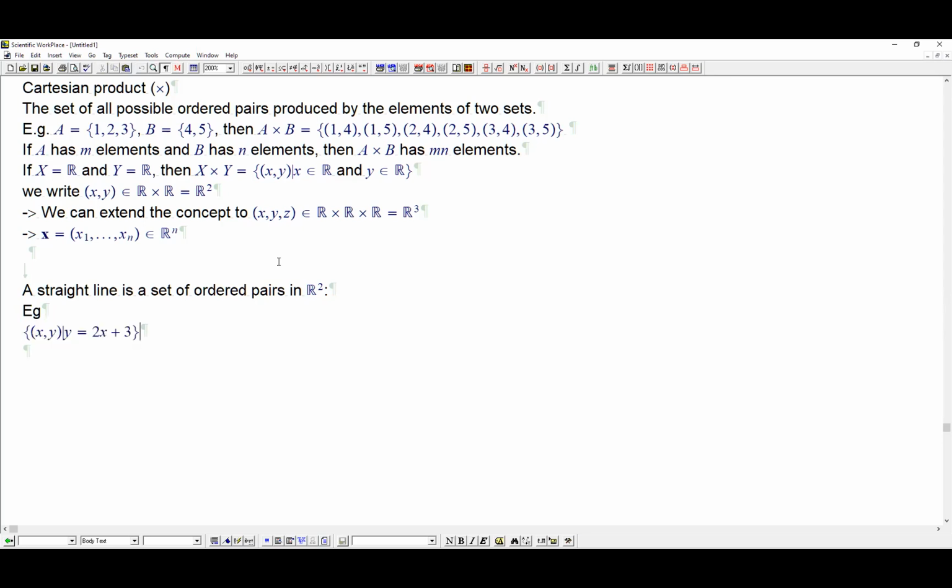That's in set notation. Here I already said that I was working in R squared, so I'm not going to say that x is an element of R and y is an element of R, because I've already said it. Here I'm saying such that there's some restriction. I'm not including all the points in R squared. The points I care about are the points that satisfy this equation.